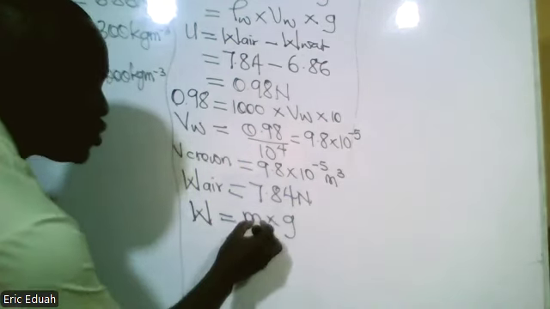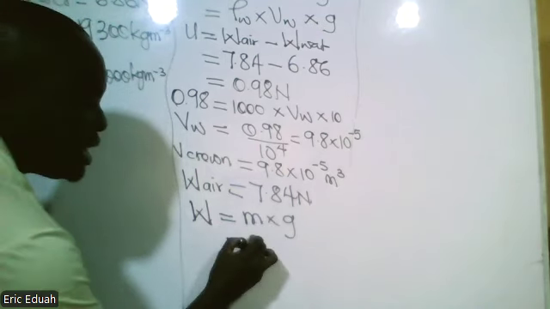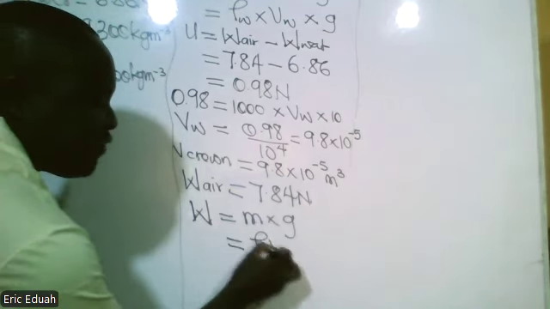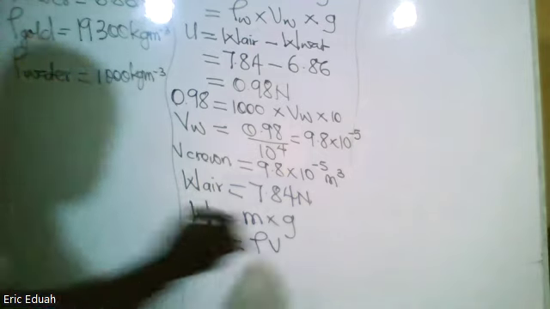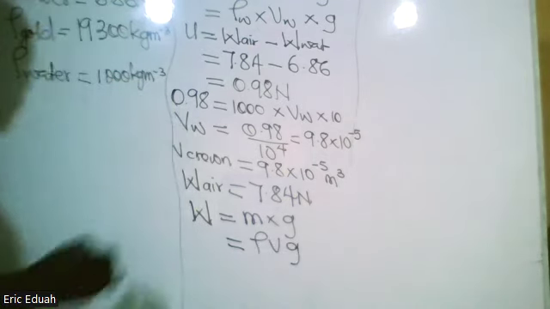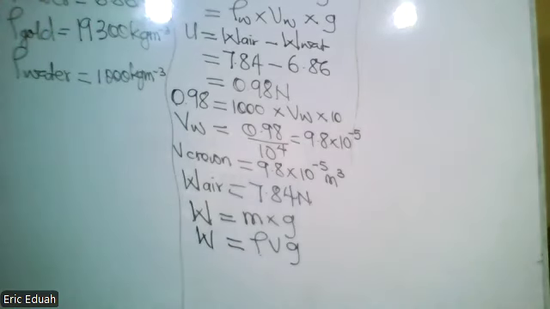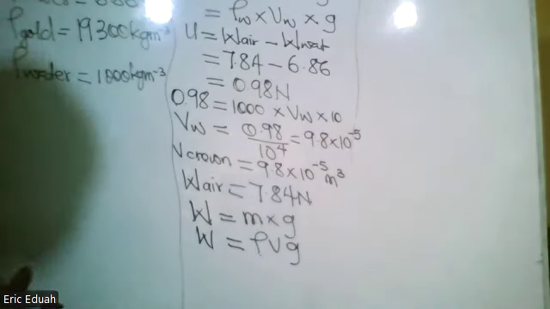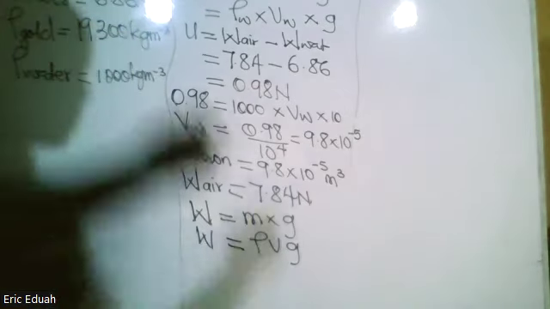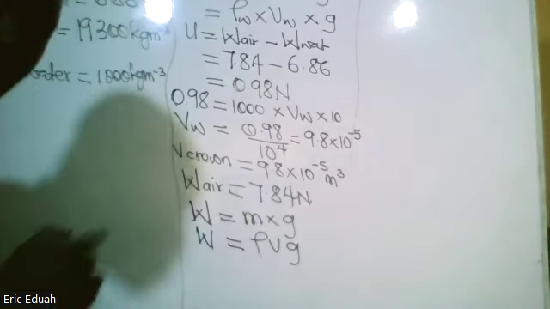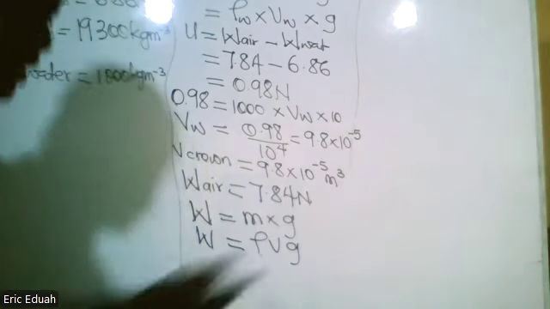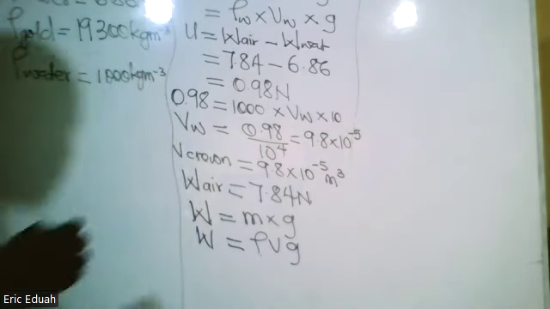This is also equal to density. Mass is density times volume. So we can find the density of the crown direct from the weight relation. We don't need to find the mass before we use density is equal to mass over volume. We can pick it directly from here.